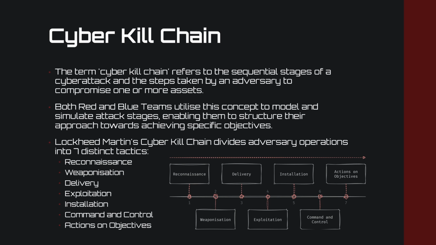But essentially, by having this kind of blueprint or concept, both red teams and blue teams can better model and simulate attack stages, where red teams will typically use it to map and plan operations, but blue teams will typically use it for analyzing and documenting the progression of a compromise.